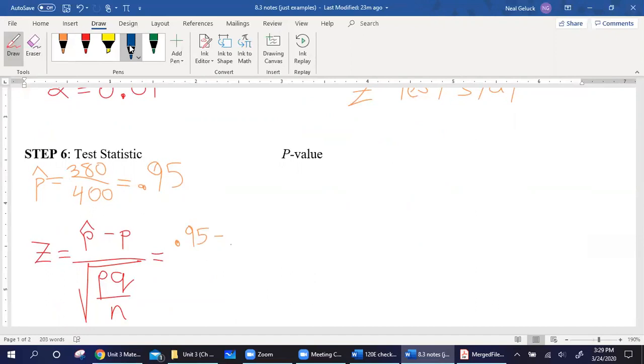So 0.95 minus 0.93, all over square root. And again, be careful here. This is P without a hat on it. That was the 0.93 again.